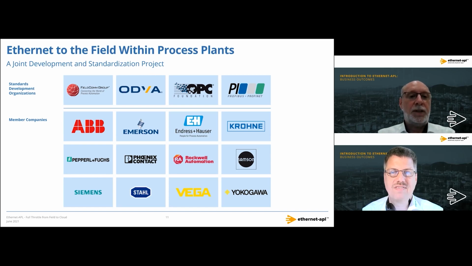I'm also happy to see that these 12 industry partners cover each area of an automation solution, starting with the DCS system to system components to field devices like sensors and actuators. With this cooperation, the most important prerequisites are given that Ethernet APL becomes reality.